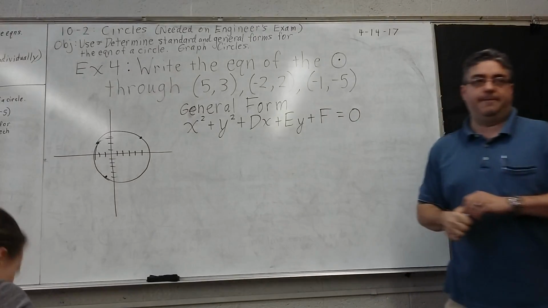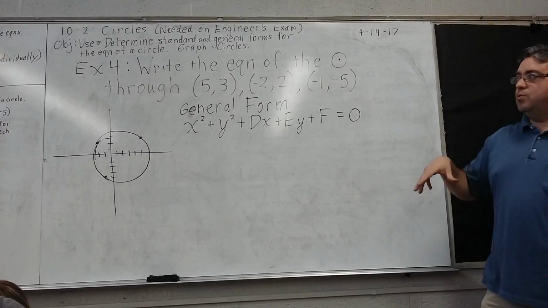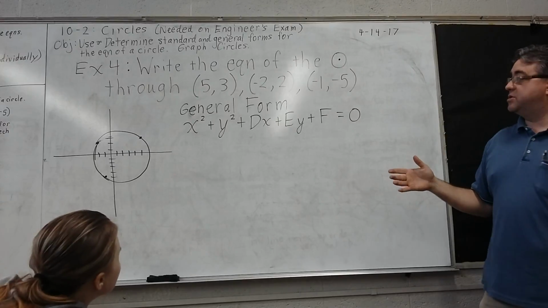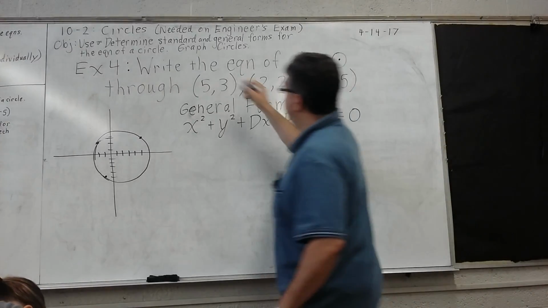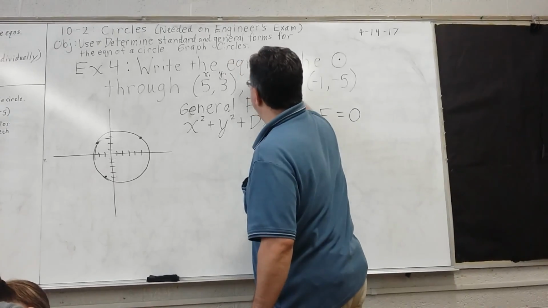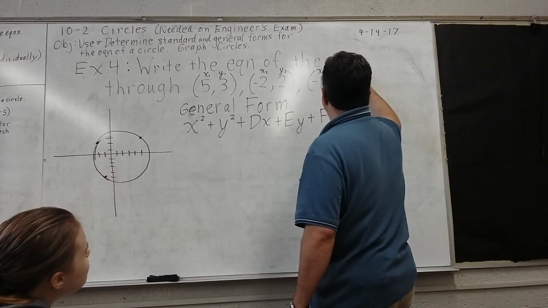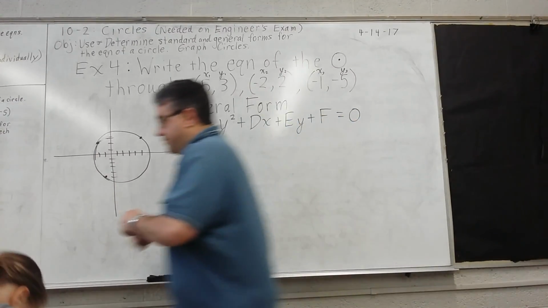We had that yesterday. Okay? And what you do is you say, okay, I have an x and a y. I have, let's say, x1 and y1, x2 and y2, x3 and y3.